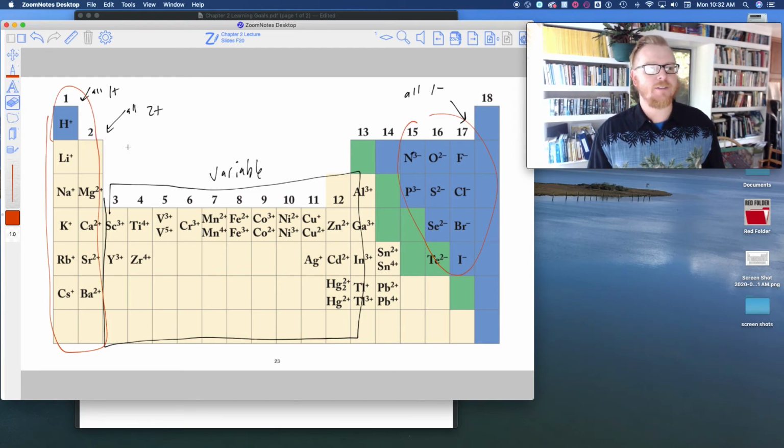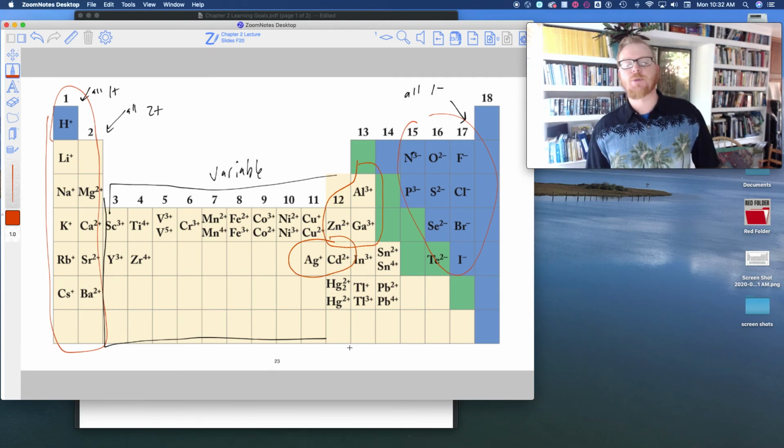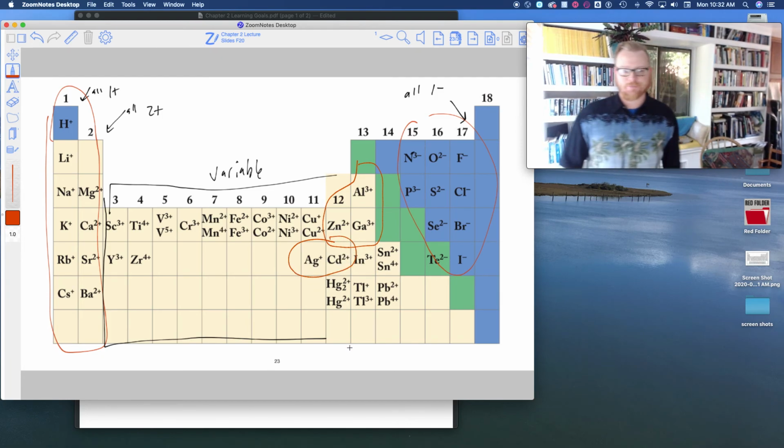I'm going to erase this line so it's a little bit more clear, okay? These 3 you should know. Because aluminum is always 3+, gallium is always 3+, and zinc is always 2+. Okay? And these 2 I want you to know. Silver is always +1, and cadmium is always +2.